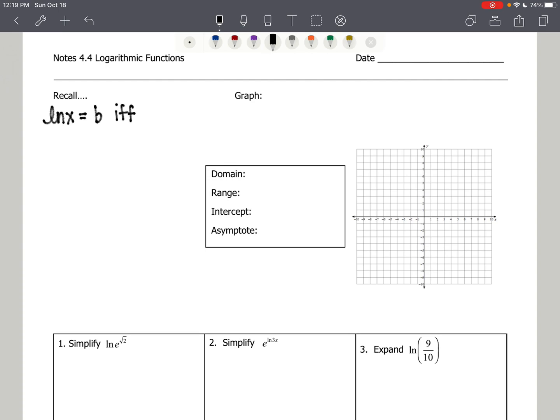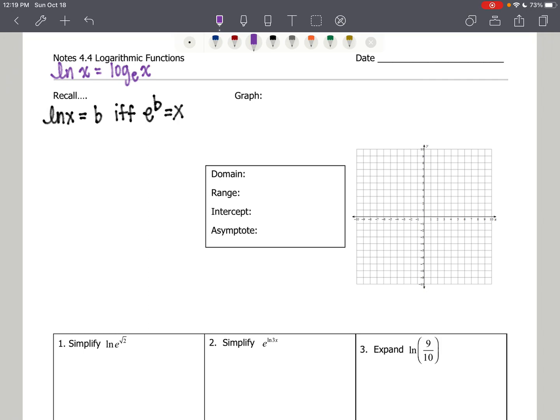if and only if e to the b is equal to x. The reason being is because natural log of x is the same thing as log base e of x. The natural log of x, ln of x, is equal to log base e of x.